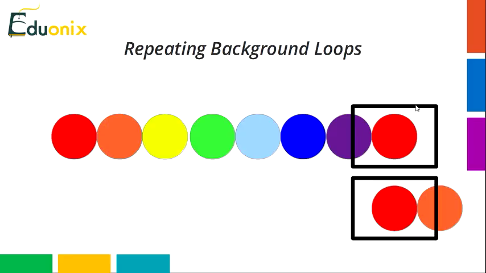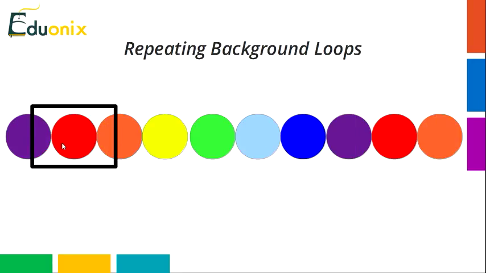So the thing we need to do is to have these two frames must look the same in order to make our loop continuous. So we're going to have purple in the first frame and orange in the last frame. And so we're going to have to set up our dots like this so that there's purple at the start and orange at the end.